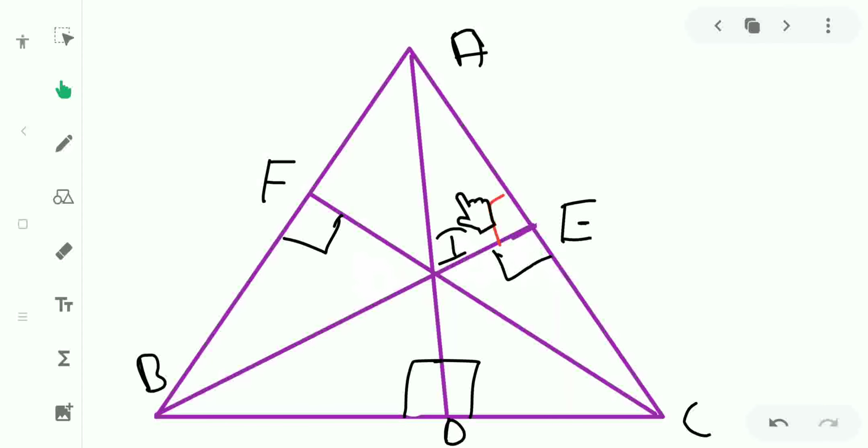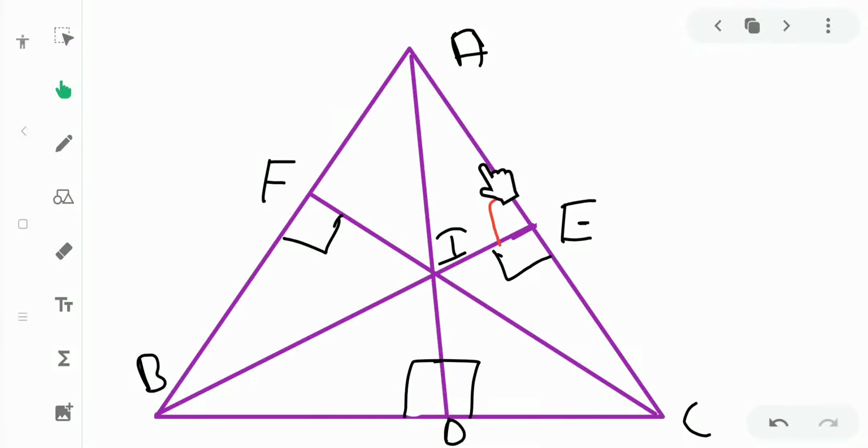and what else we have is AE is equal to EC. AE is equal to EC because it is a perpendicular bisector. BE is a perpendicular bisector and it bisects, so it cuts this part and this part as two equal parts.